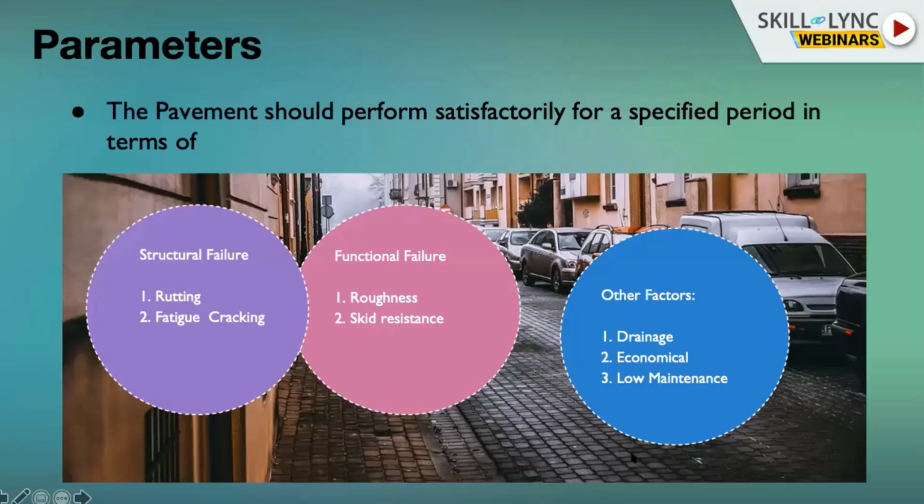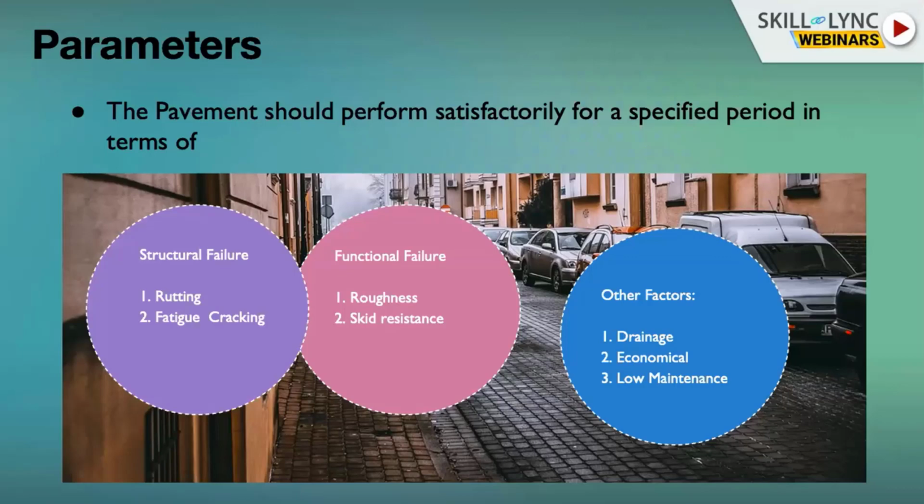Other than this, we also have some parameters which are equally important but may not be evaluated every time. The other factors are like drainage of the road, how good is the drainage condition, and also what type of material we are using, whether it is economical or not, because sometimes we may use materials which are very good in quality and a very high thickness of pavement, but the actual traffic is very low.